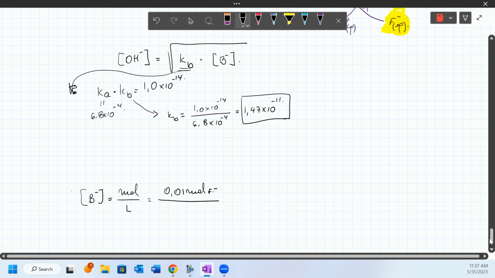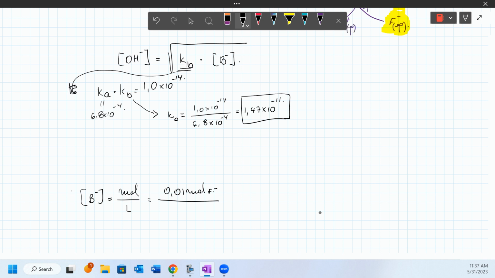We are adding 100 milliliters of HF and 100 milliliters of NaOH, so 0.100 liters for the HF and 0.100 for NaOH. Then you will find the concentration as 0.05 moles of F minus per liter.